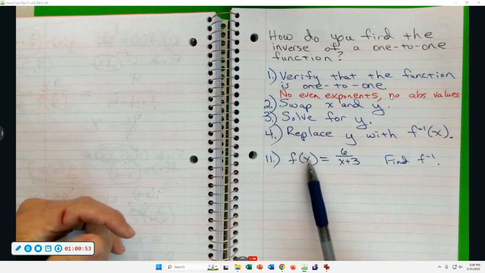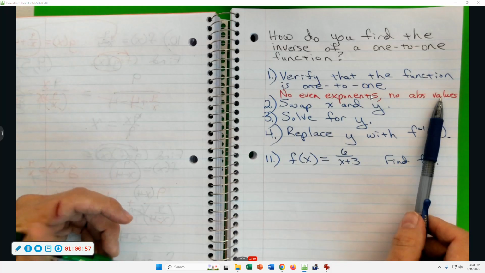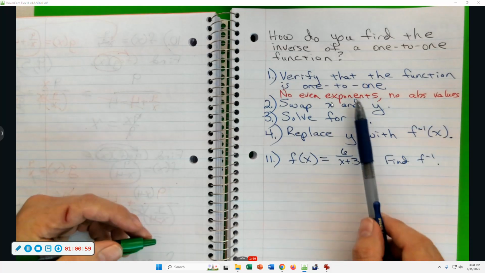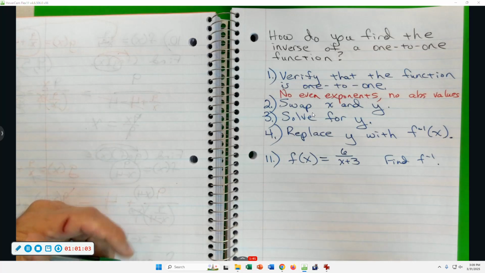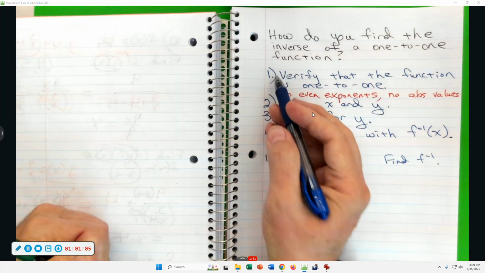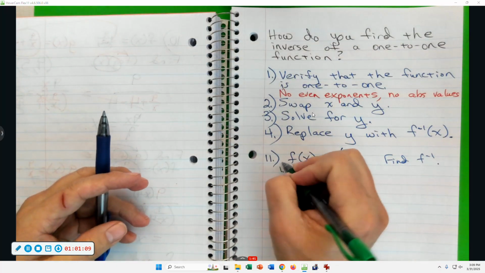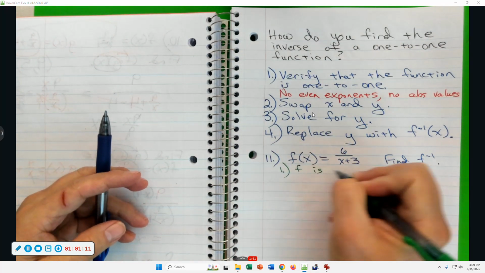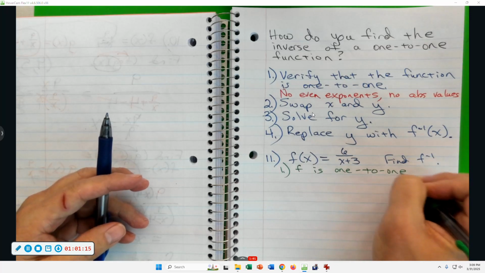The first thing we looked and saw, there were no even exponents, no absolute value, nothing that we see could start generating repeated y values. So my first step, I'm going to say f is 1 to 1. I just convinced myself of it by looking at the formula for f.